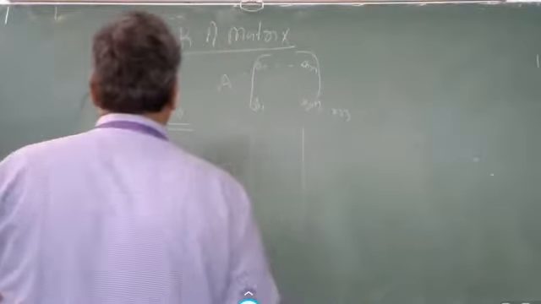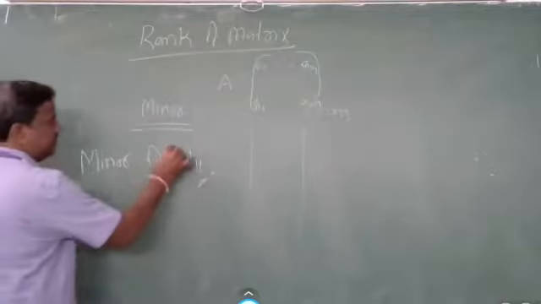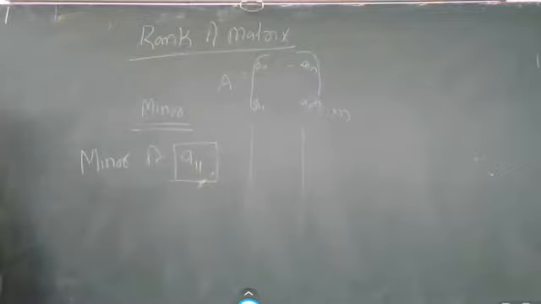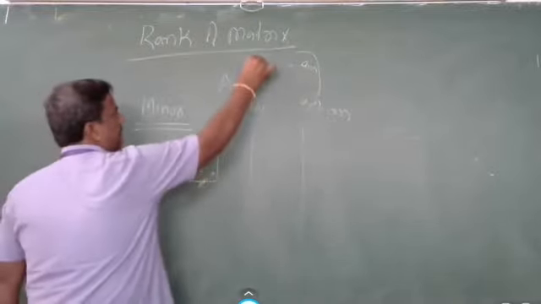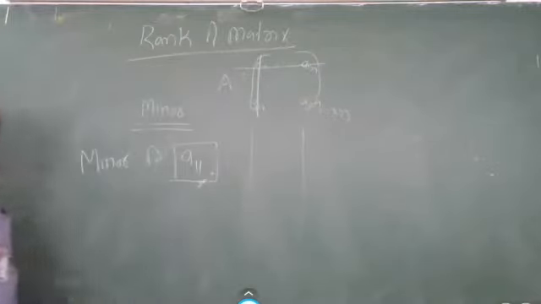So now, the minor of an element. Here I am taking this A11. To find the minor of this element, eliminate the corresponding row and corresponding column.